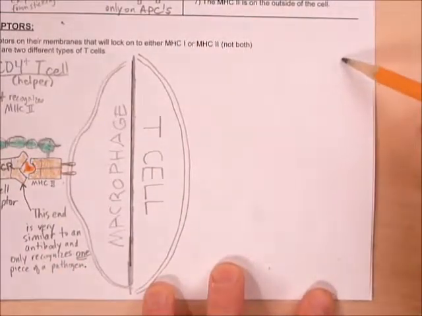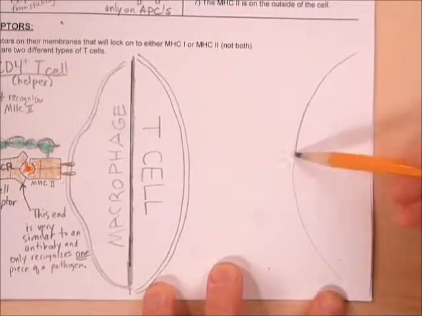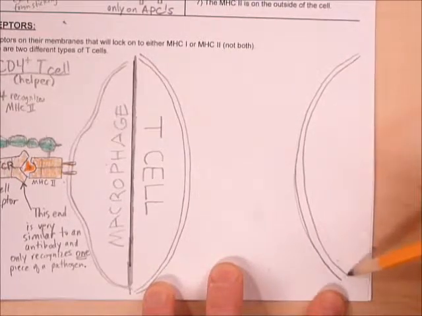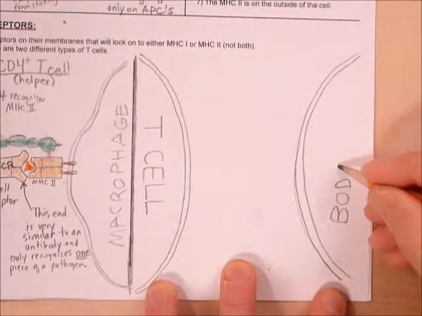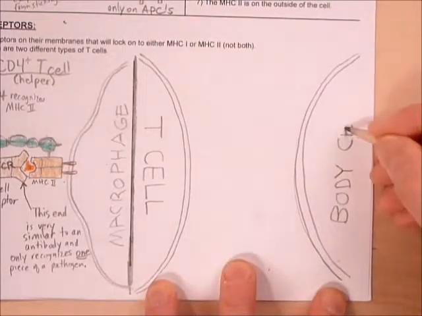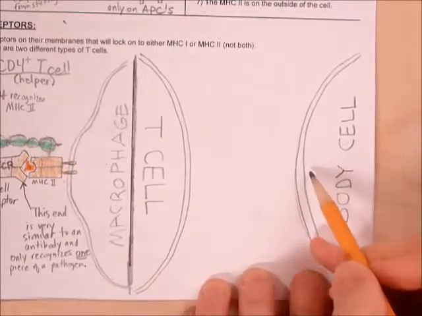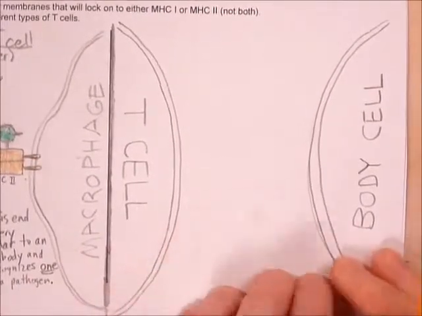And this one over here, though, we're going to do not a macrophage. We're going to do a regular body cell. This is body cell. So let's put the MHC1 on the body cell.